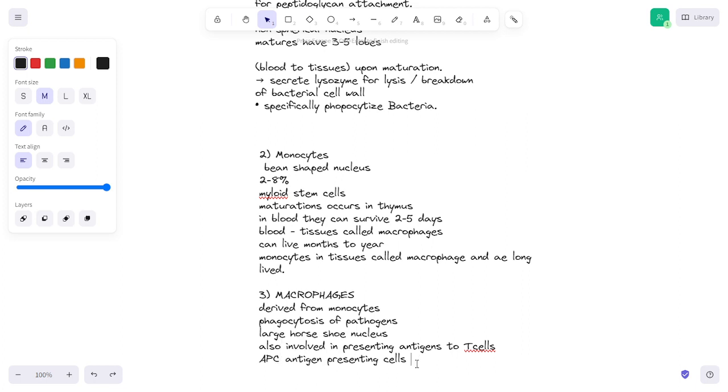So macrophages are also called antigen presenting cells because they are also involved in the process of presenting antigens of foreign particles or pathogens to T cells.